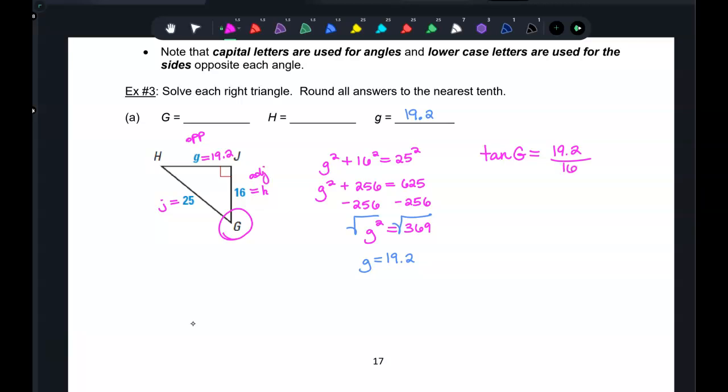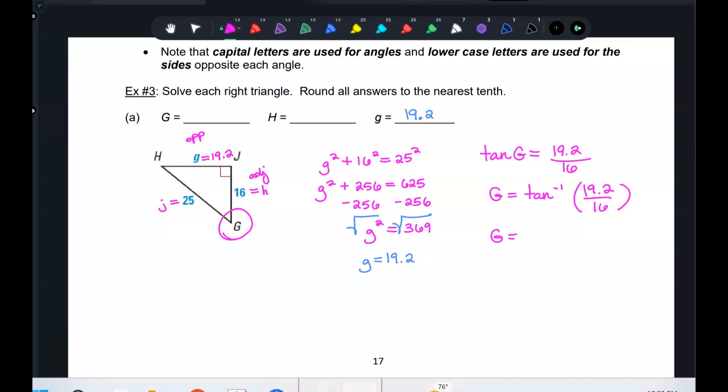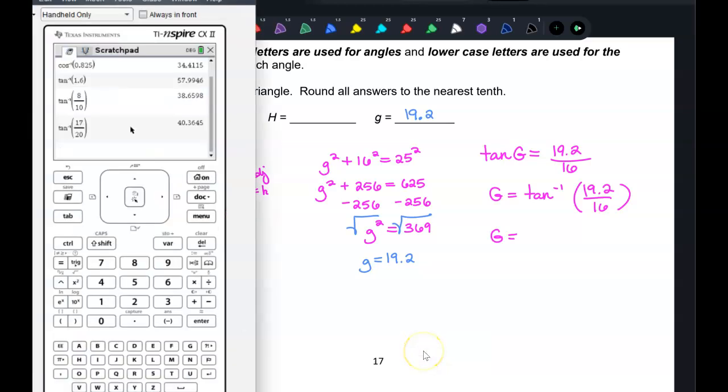So we're going to do tangent. So G is tangent inverse. I promise the last step is the easiest one. 50.2? Yeah.